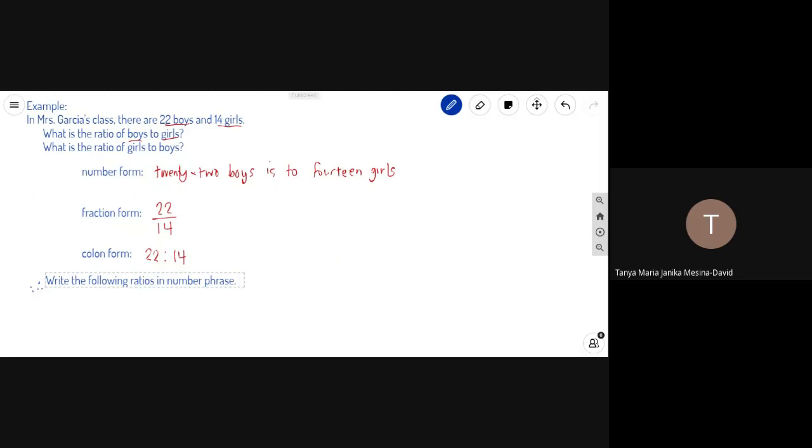For this exercise, we will write the ratios in number phrase, fraction form, and column form.